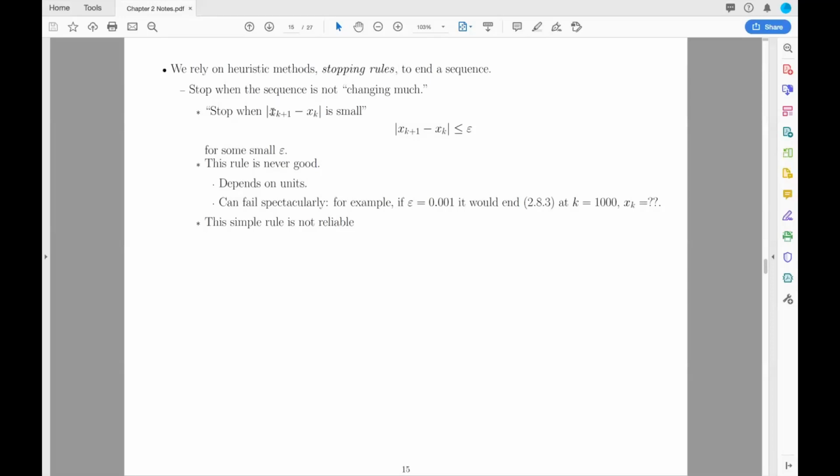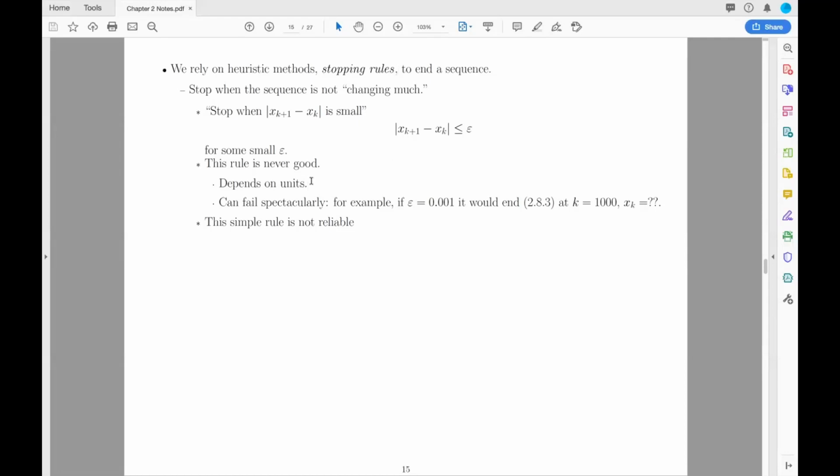Furthermore, all you have to do is change the units of x. So instead of x being measured in pounds, you can measure it in tons. Well, that means that everything is then 2,000 times smaller, and so the differences are going to be 2,000 times smaller. So it's easy to get convergence.